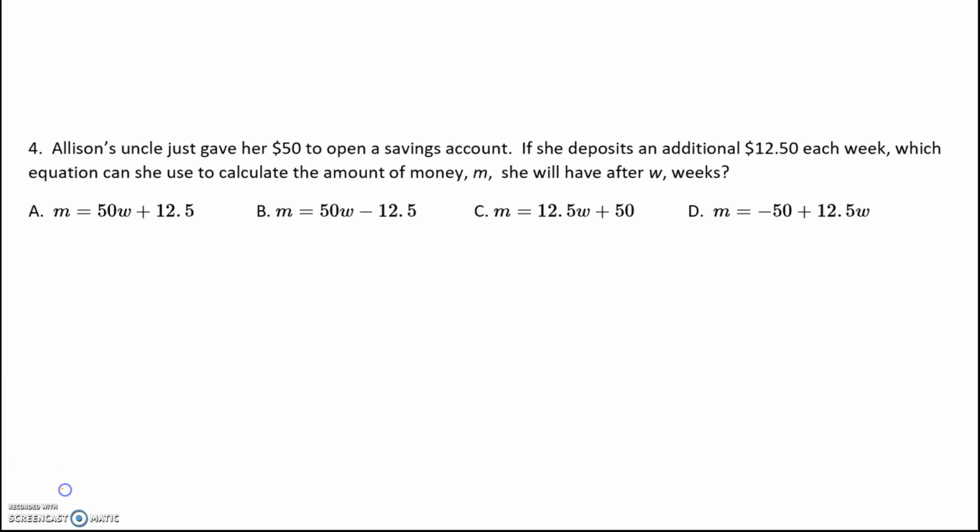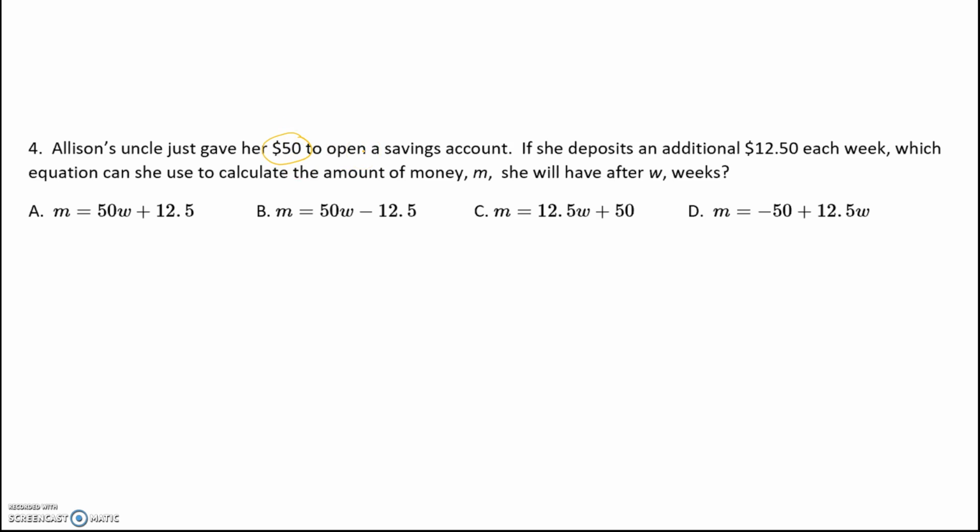Okay, so the next problem says Allison's uncle just gave her $50 to open a savings account. If she deposits an additional $12.50 each week, which equation can she use to calculate the amount of money, M, she will have after W weeks? Her uncle gave her $50 to open it.